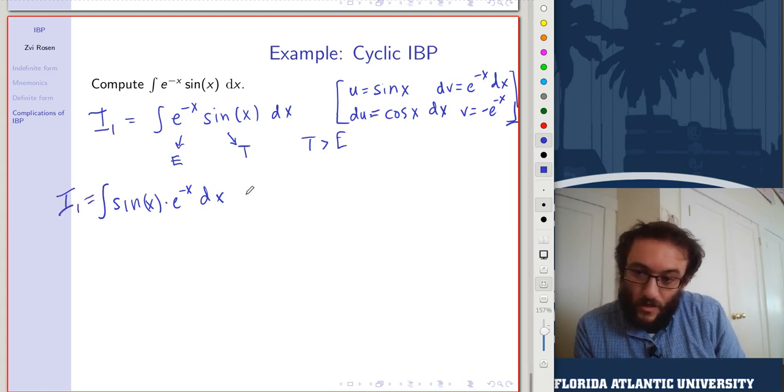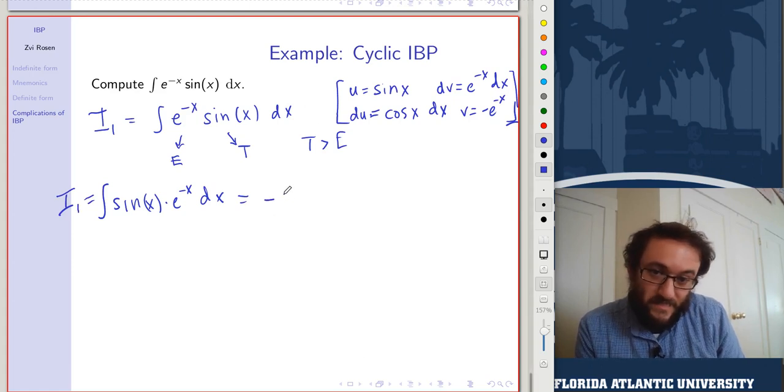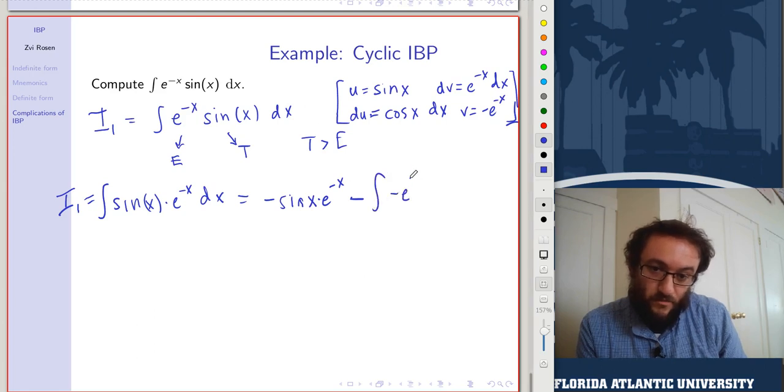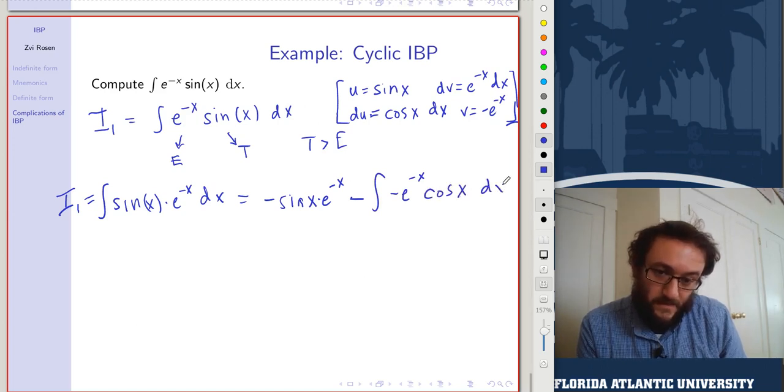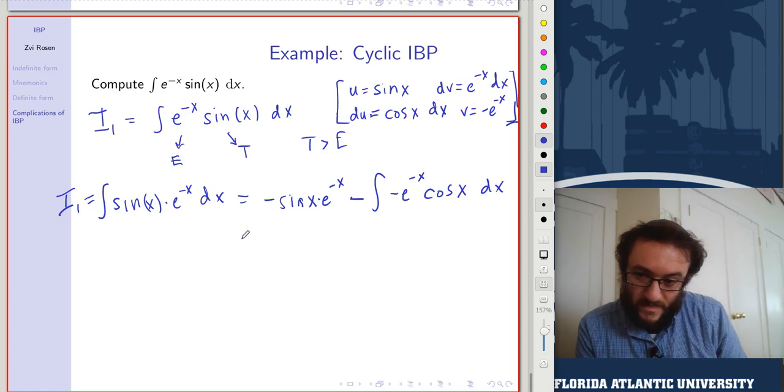I1 will be equal to u times v, or sine x times minus e to the minus x. So minus sine x e to the minus x, minus the integral of v du, which is minus the integral of minus e to the minus x cosine x dx.